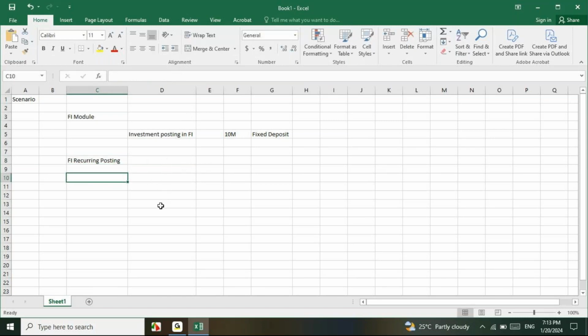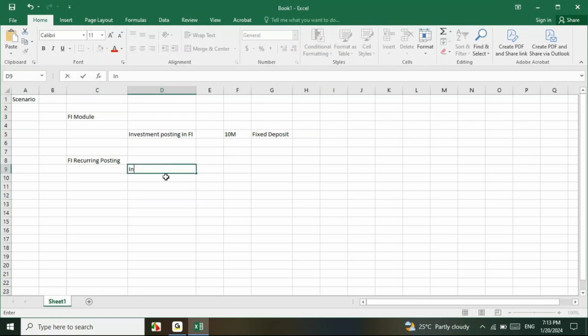Let's say you try to do the posting in FI. What would be the accounting entry? First, think of it from the accounting posting perspective: you have two GLs where you can do the investment posting.